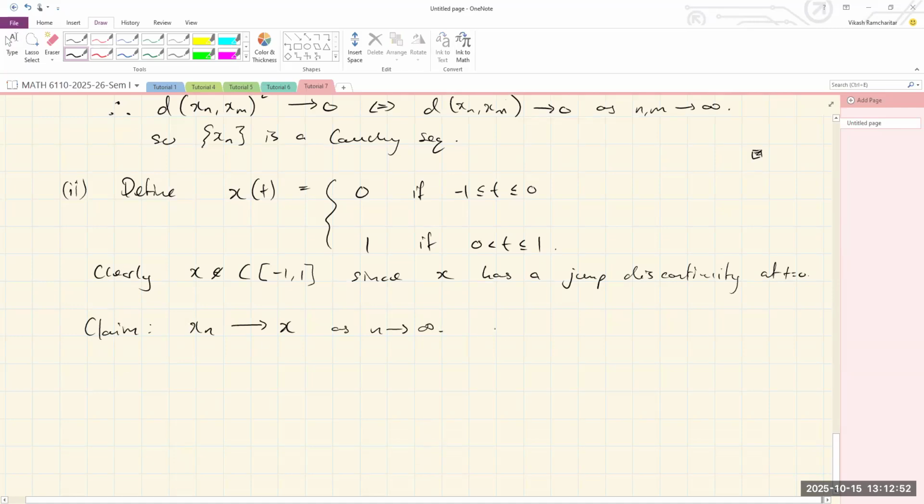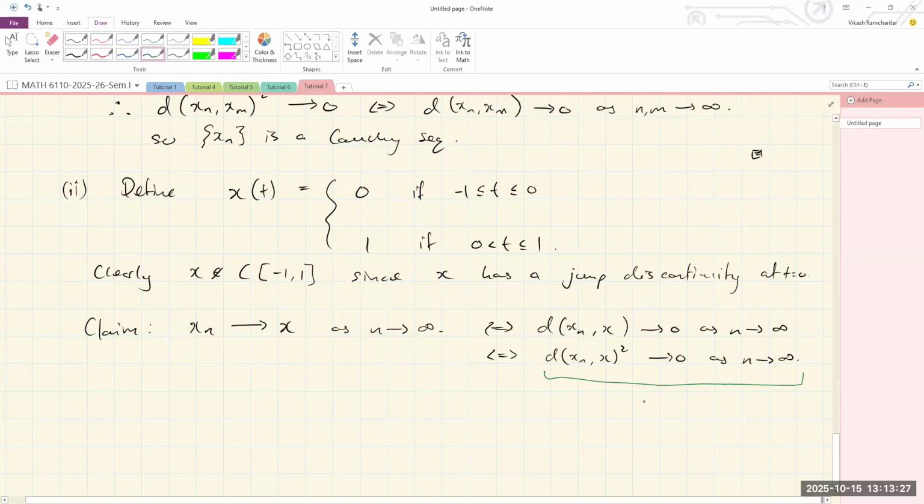So how to do that? That is equivalent to saying that the distance between the terms in the sequence, the functions, and this new function x goes to 0 as n goes to infinity. Of course, we don't want to deal with the square roots, so instead of considering the distance, I'm just going to consider the distance squared. This last point is what I'm aiming to show.